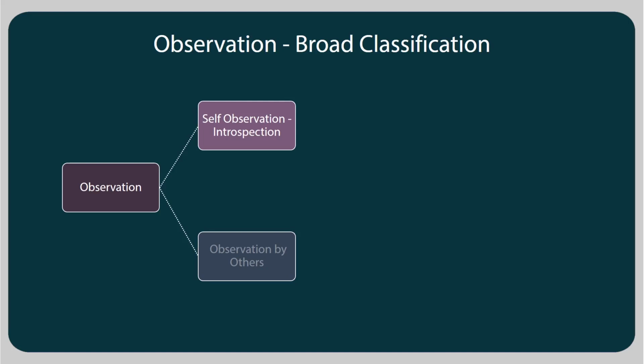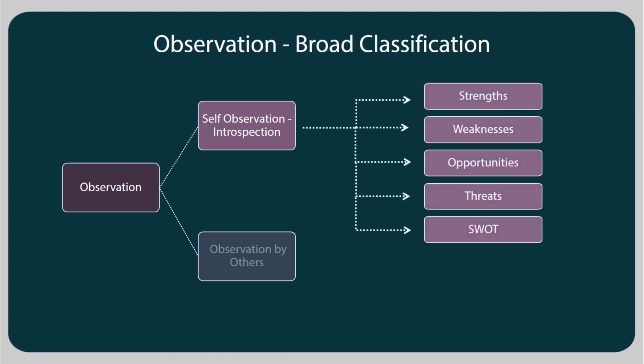SWOT is an abbreviation where S stands for strengths, W for weaknesses, O for opportunities, T for threats. So, when we introspect, we will get to know what our strengths are and what our weaknesses are, and similarly the opportunities and threats which are there in the external environment will also get observed. This is what we precisely do in self-observation.